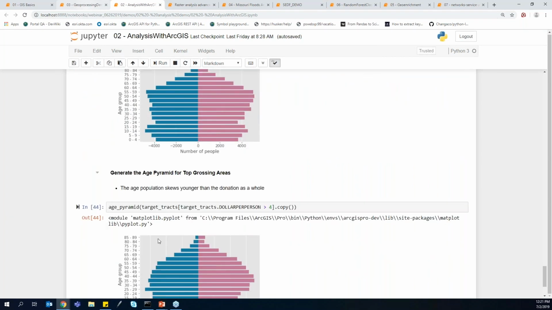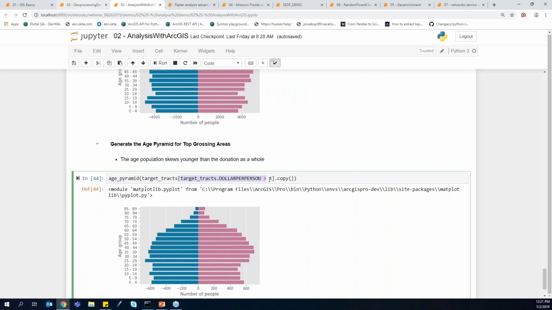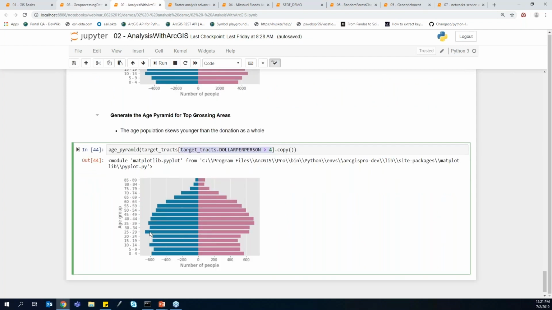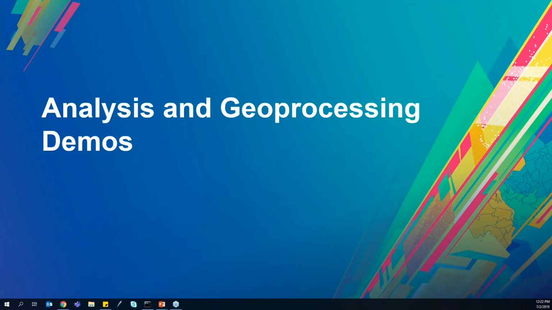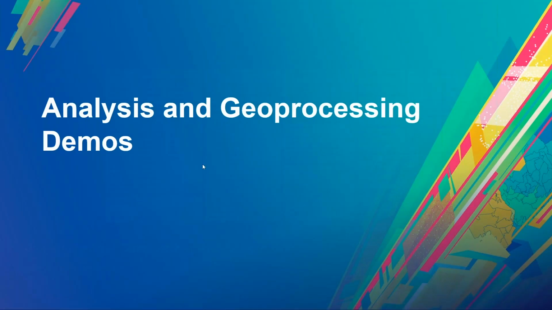But if we only want to target dollars per person where they raised $4 or more, we can see in the area that we're concerned about, we want to target younger males between 25 and 29, and females around 35 to 39, which is quite different between the two.